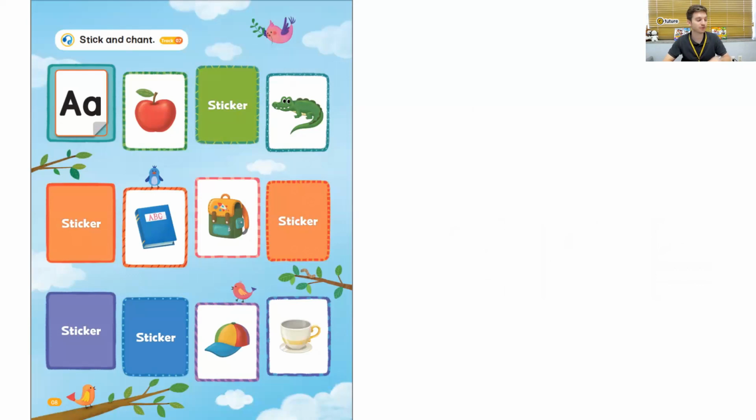Students first take out these stickers. There are flashcards and stickers in the back of the book. Students take these stickers out and stick them in the correct spaces on the page. After they do that, there's a chant for it, and you can do that with your class.